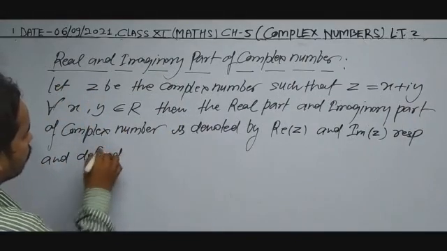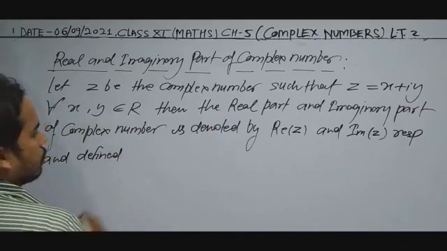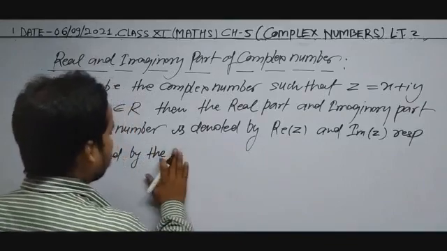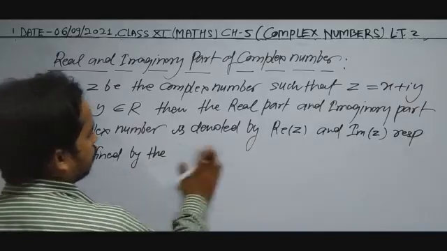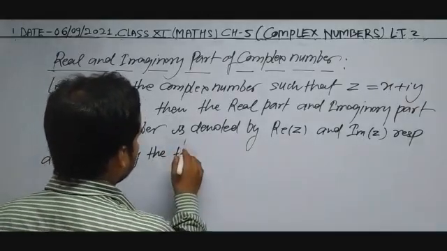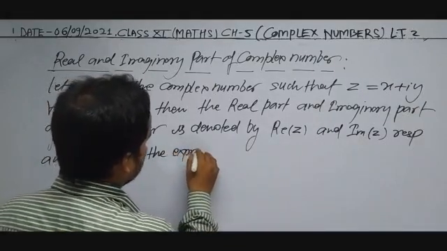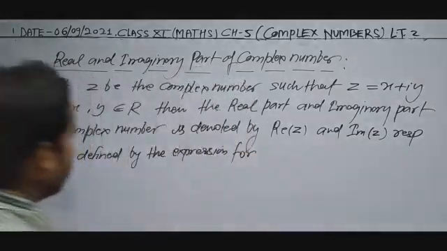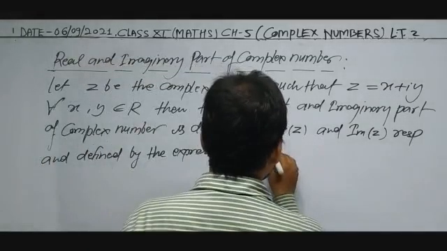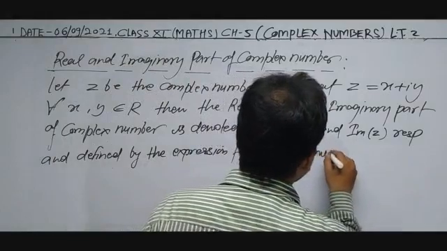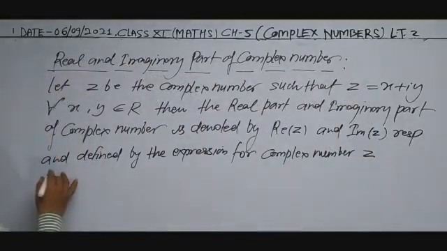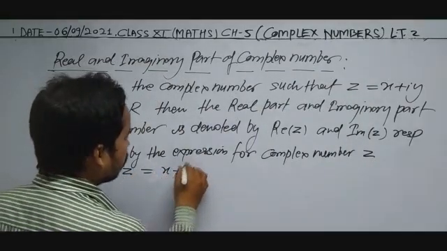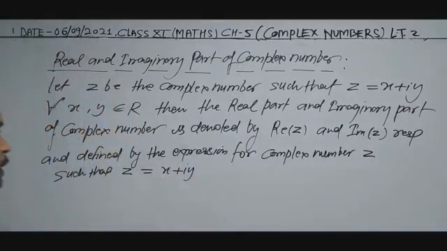And defined by the expression for complex number z such that z is equal to x plus iy.